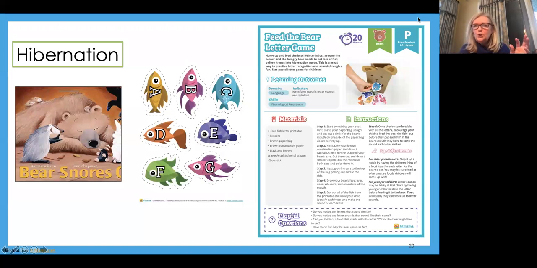So for younger children who may not know all the sounds yet, they can feed the bear the D, try to find the D fish. But notice for the preschoolers, you can expand on that activity, trying to think of a food that starts with the letter F that they could eat before they hibernate.